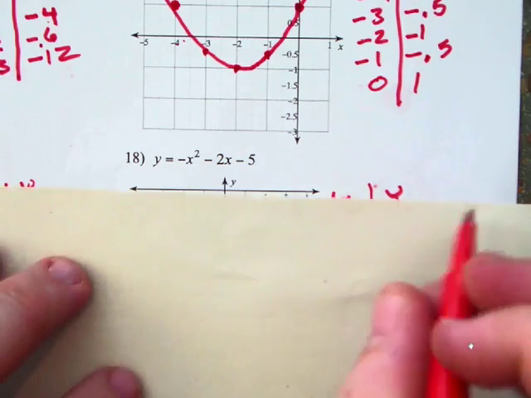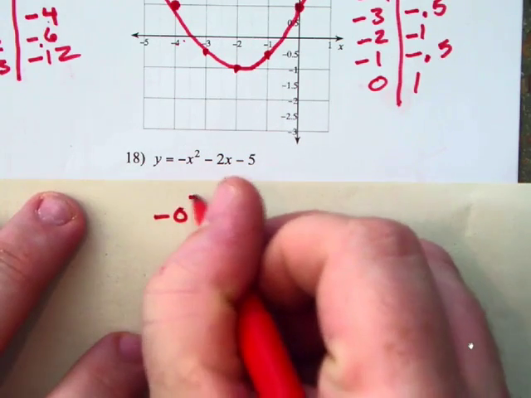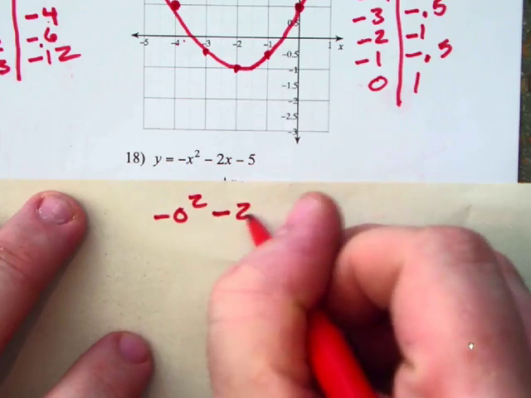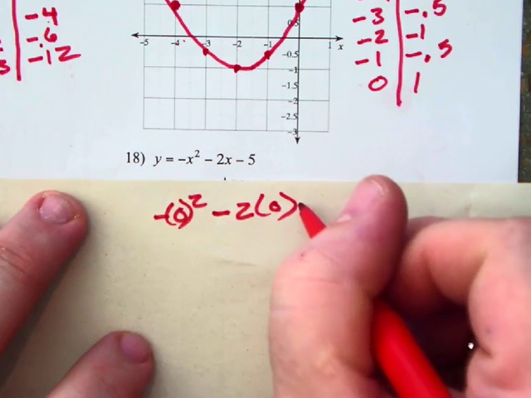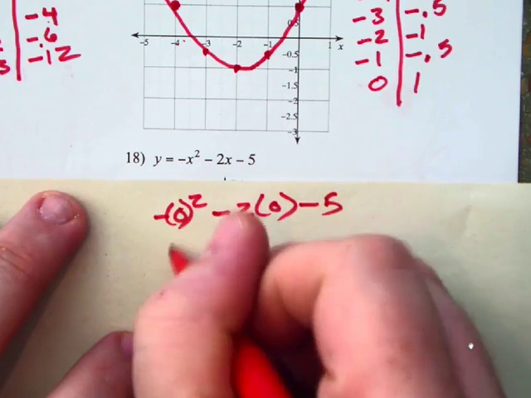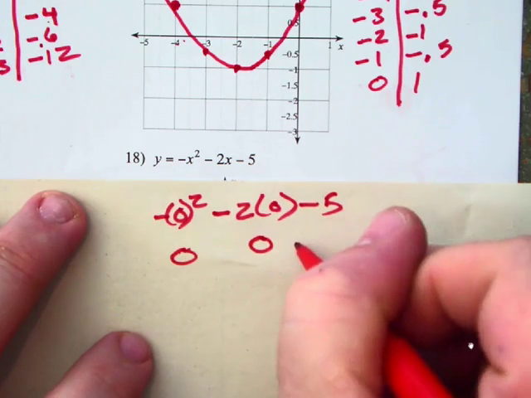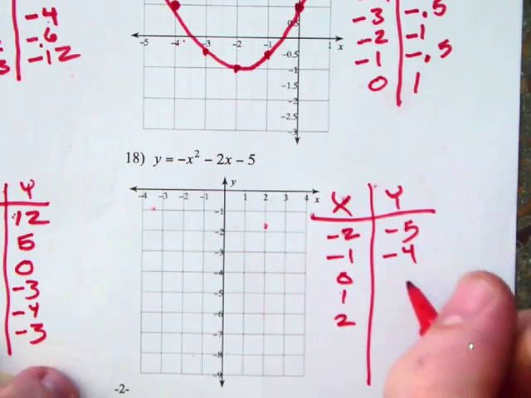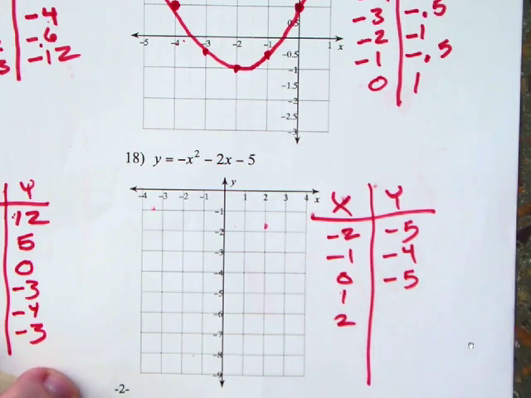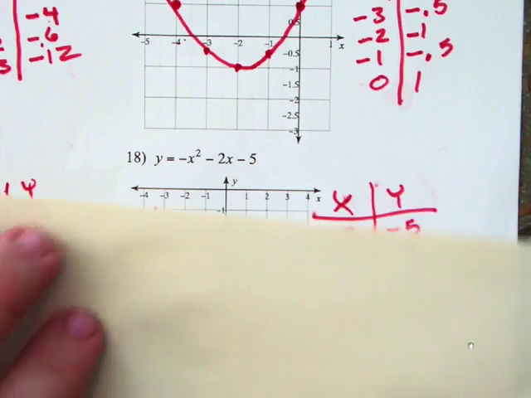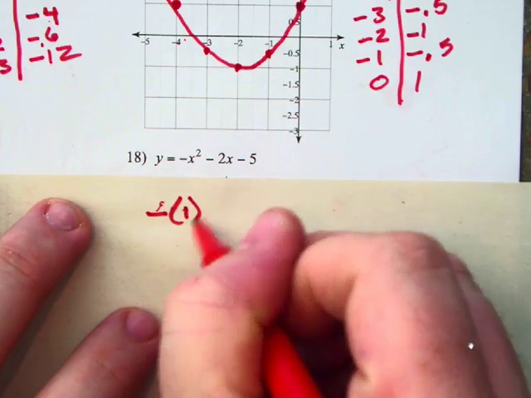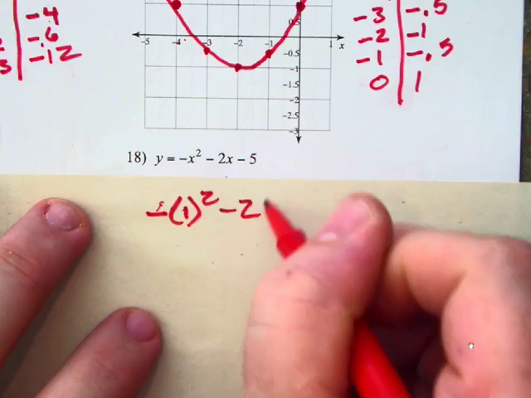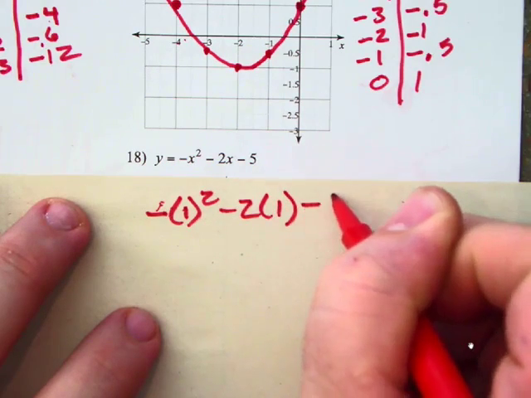Now let's plug in a 0. Negative 0 squared minus 2 times 0 minus 5. Well, that's 0. That's 0. Minus 5 is negative 5. Okay, now let's plug in a 1. Negative 1 squared minus 2 times 1 minus 5.